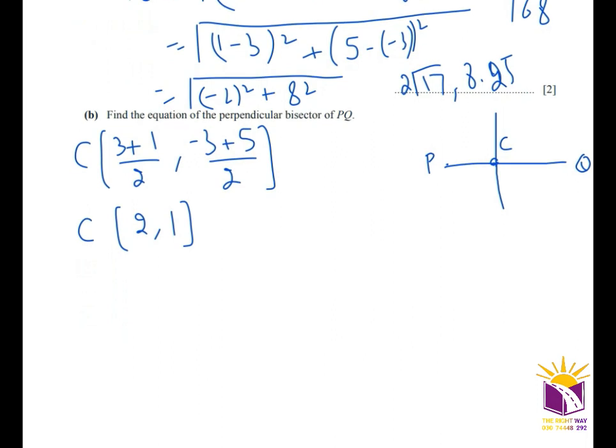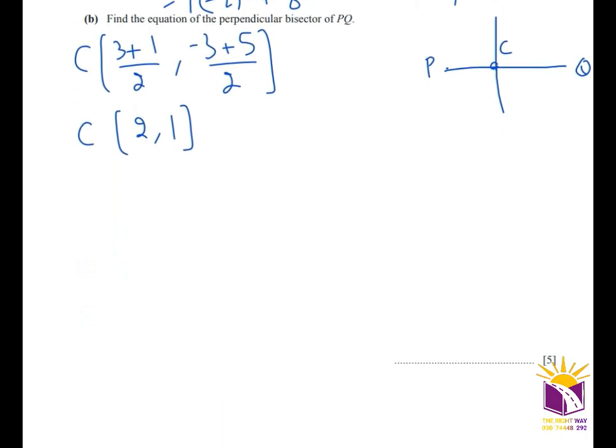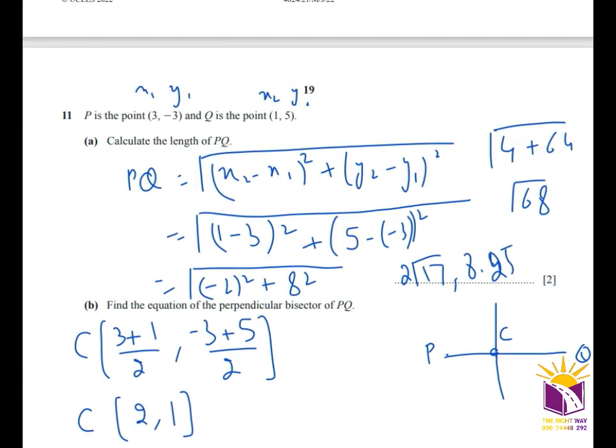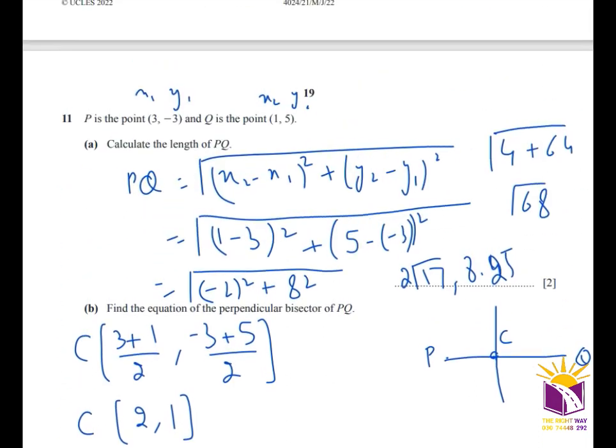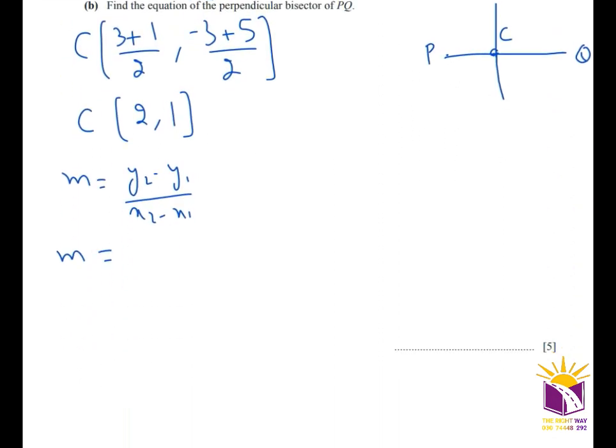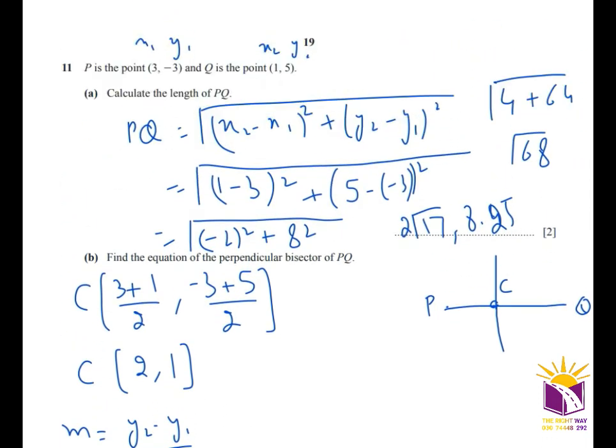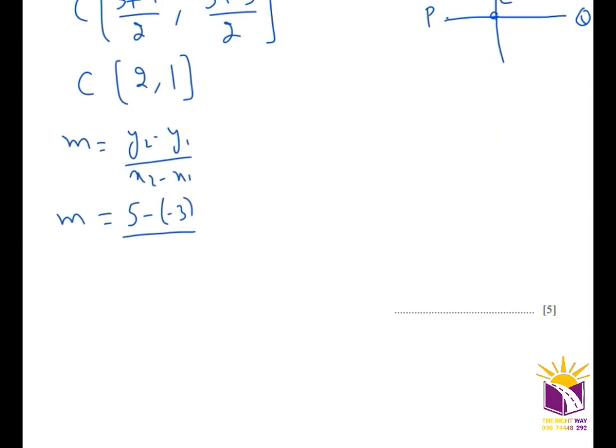Now I have to find the slope. Slope m will be equal to (y2 minus y1) over (x2 minus x1). y2 is 5 and y1 is minus 3, so it will be 5 minus minus 3, and x2 is 1 and x1 is 3, so 1 minus 3.